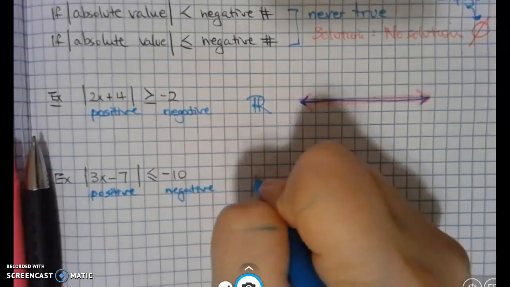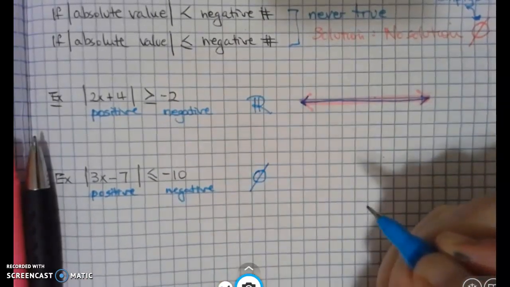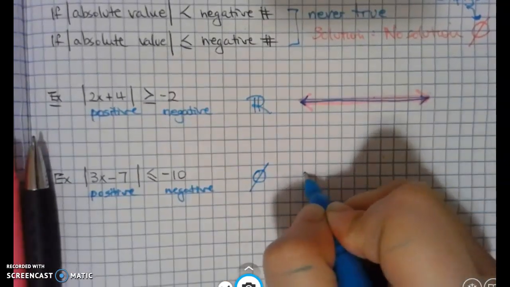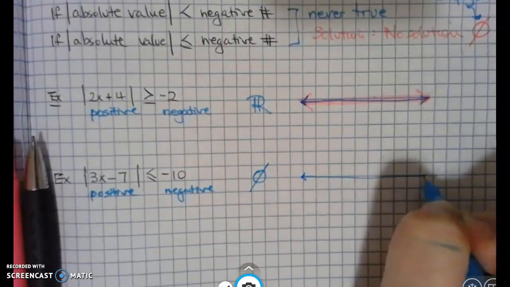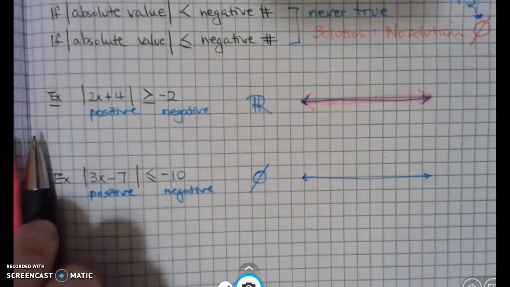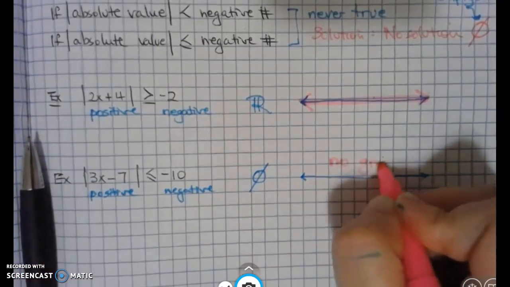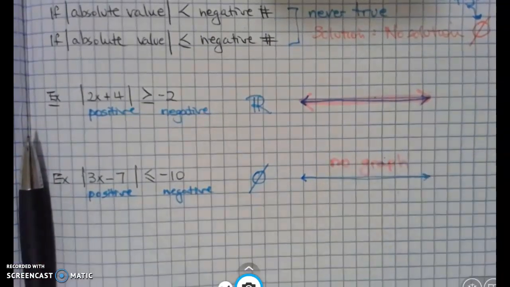So it's never. So that's going to be no solution or empty set. And if I was to draw that on the graph, it will really be no graph. That's how I would communicate my no solution. There are no numbers on the number line that will make the inequality true.